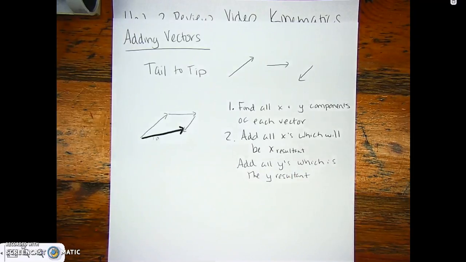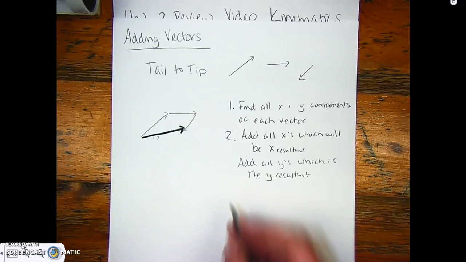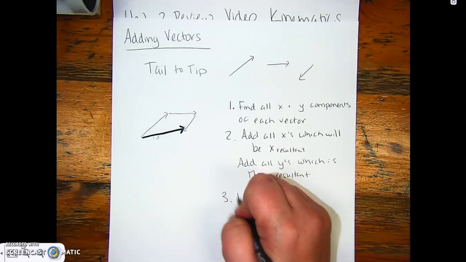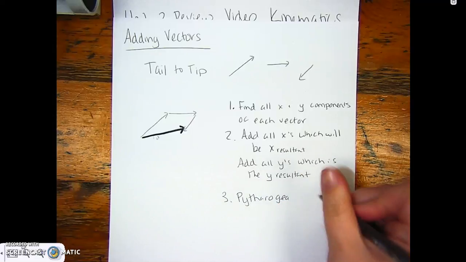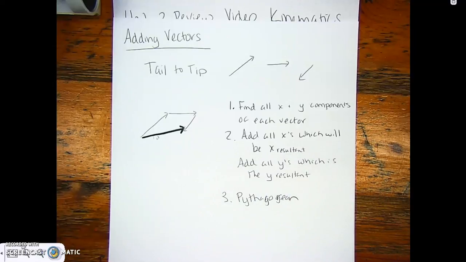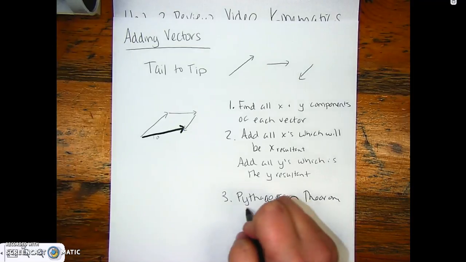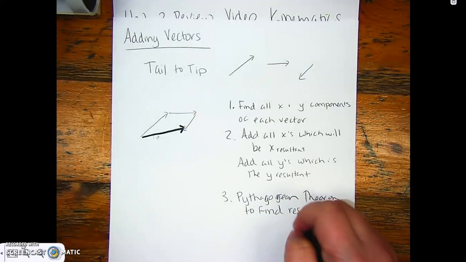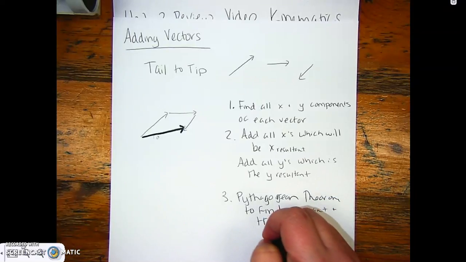Make sure that we're taking into consideration what is positive or negative. And then the third is to use the Pythagorean theorem to find the resultant, and trig for the angle.